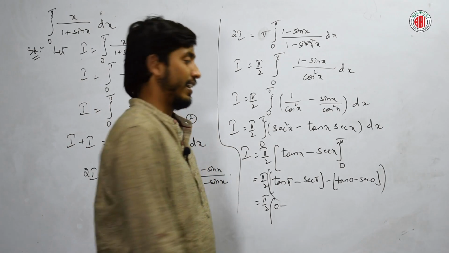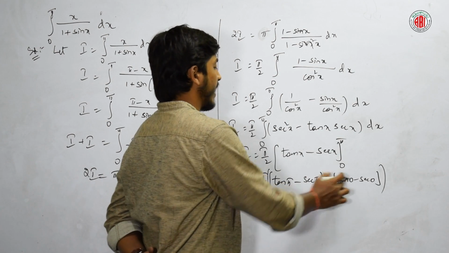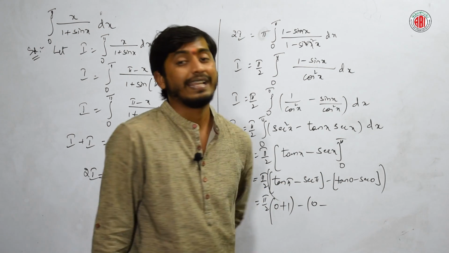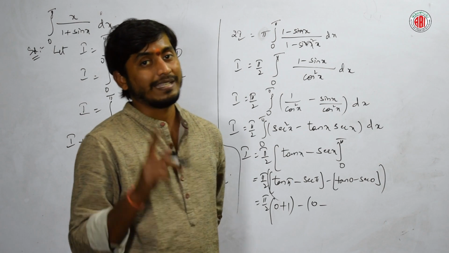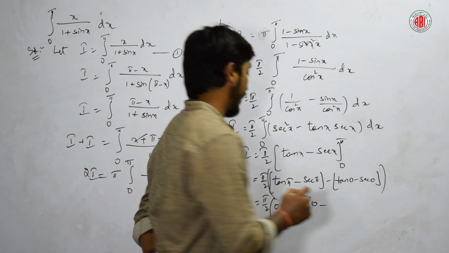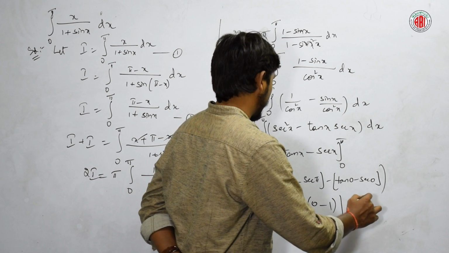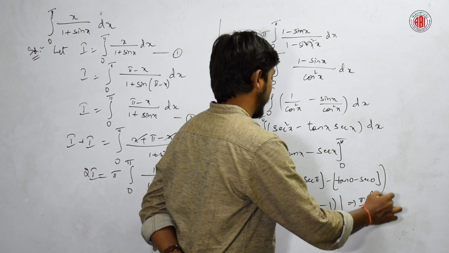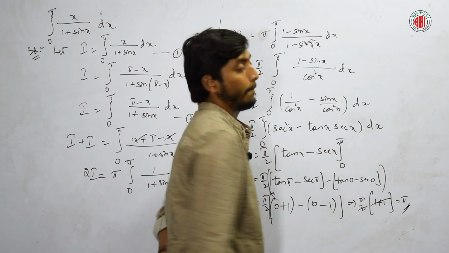Minus 1. Obviously secant pi is also minus 1. Tan 0 is 0. What about secant 0? Secant 0 is the reciprocal of cos 0, which is 1. Right? Therefore it is pi by 2 into 1 plus 1. Therefore my answer is pi.